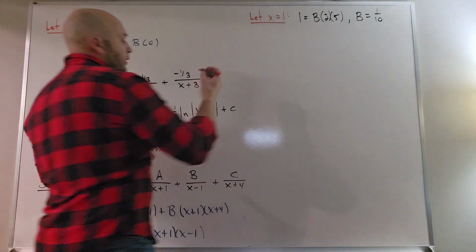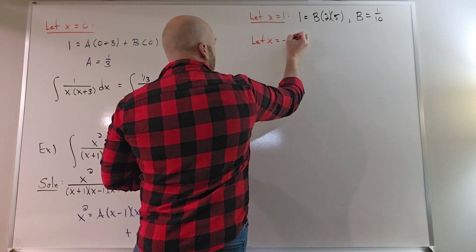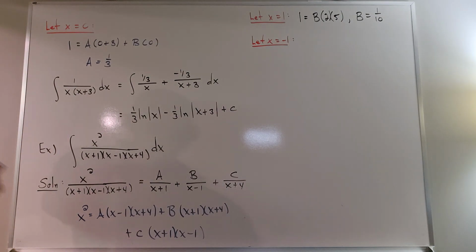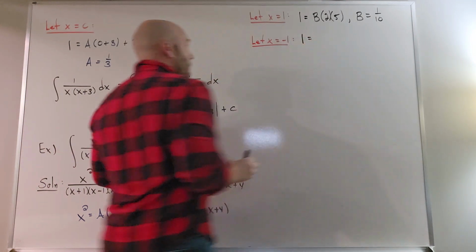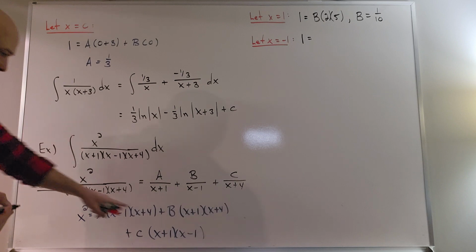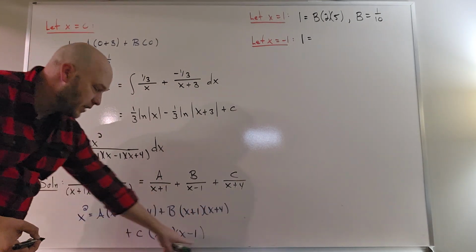Next one, let x equal negative 1. On the left-hand side, negative 1 squared would be positive 1. And which terms go to 0? Well, negative 1 would make the b term 0. Negative 1 would make the c term 0.